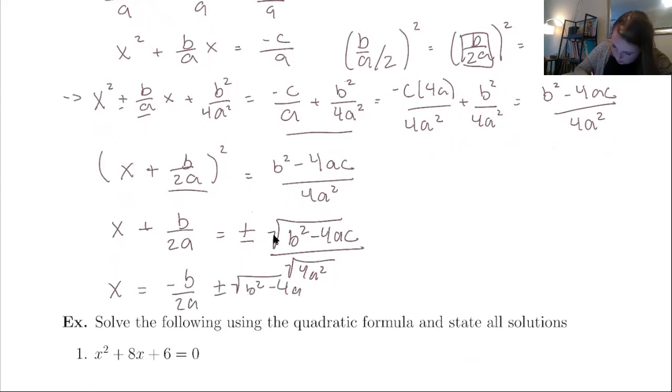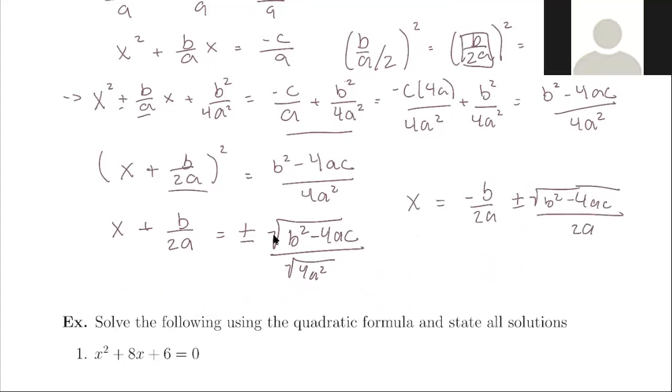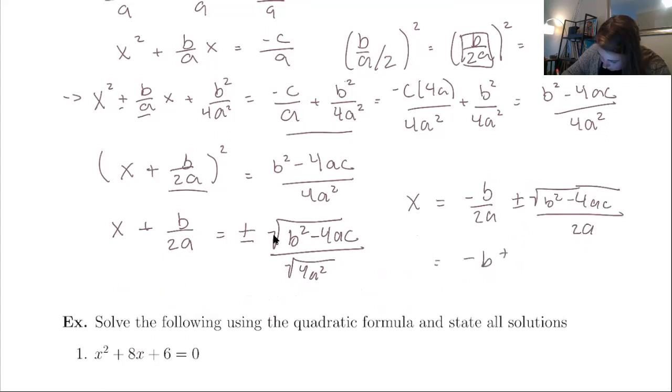Oh, let me move this over. Not quite fitting. Square root of 4a squared is just 2a. And I combine that since they have the same denominator, which is oh so convenient. And that's how we get the quadratic formula.